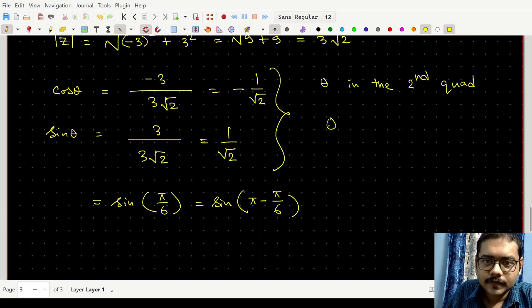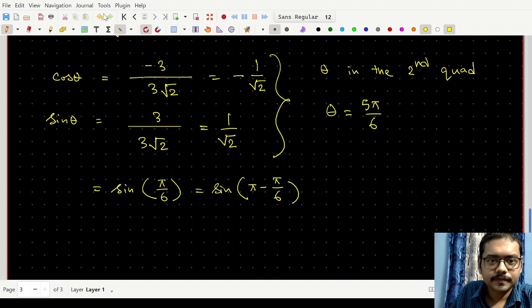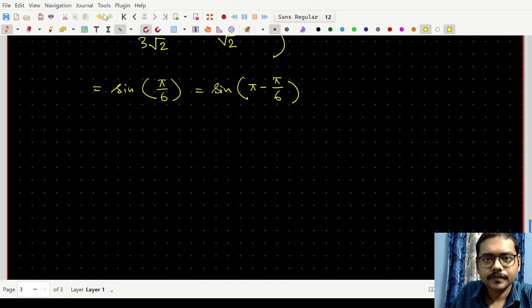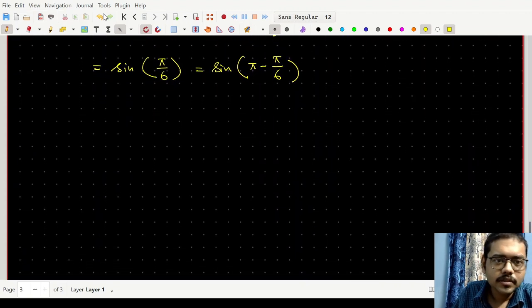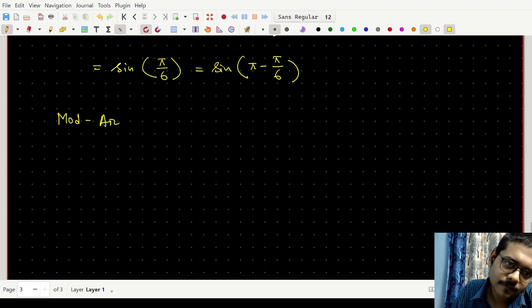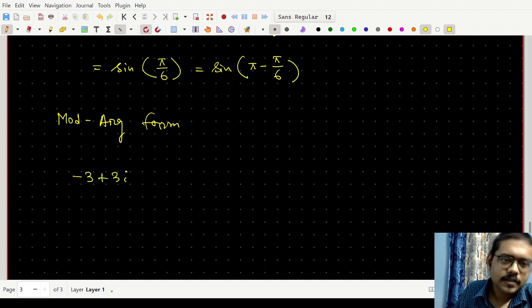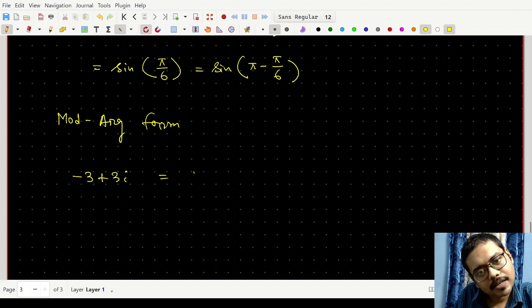And that gives us theta equals 5 pi over 6. Now, the required modulus argument form is, now in the left hand side I am writing the Cartesian form, that a plus bi form, and in the right hand side I am writing the modulus argument form.